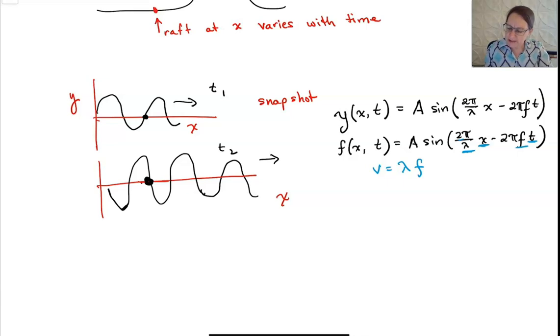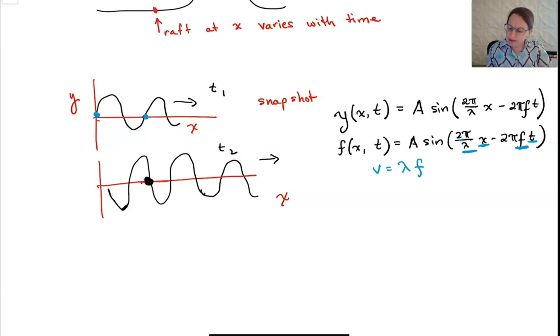So when x is equal to some value of the wavelength, we're back to sort of our starting position. And same thing when your time is equal to 1 period, which would be 1 over the frequency, you're back 2 pi later. You've gone from here back to this same sort of starting position.